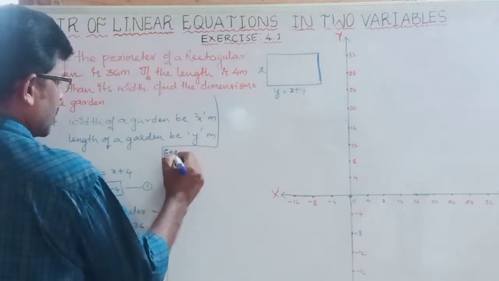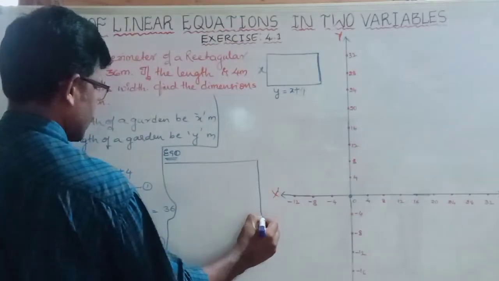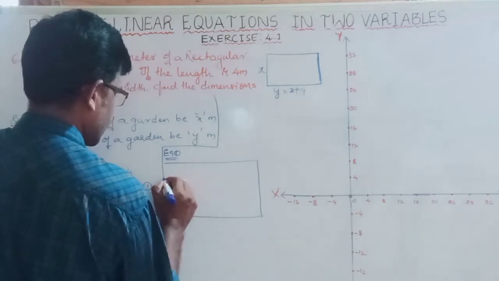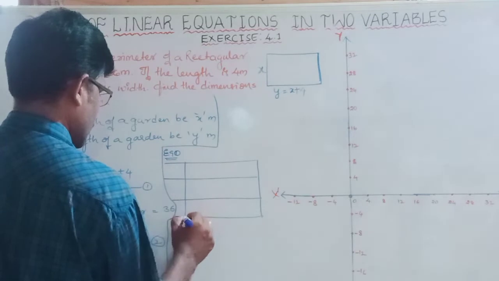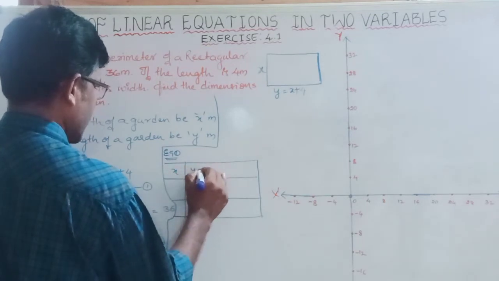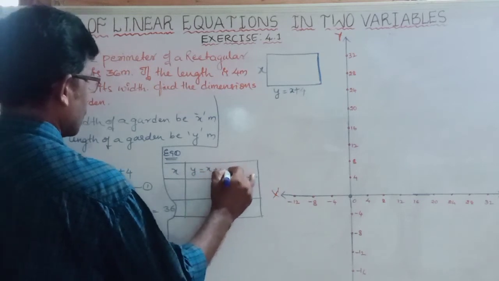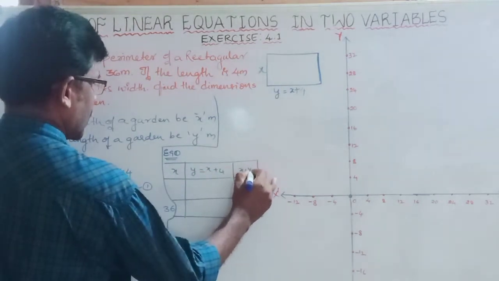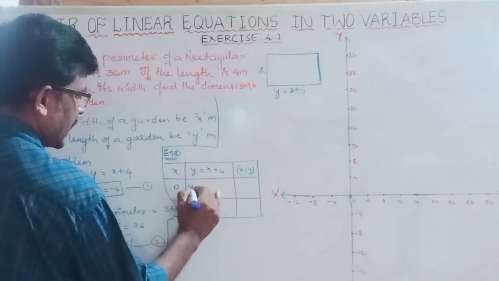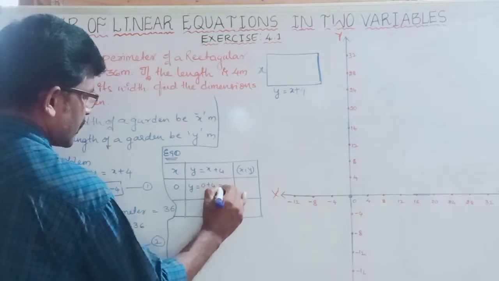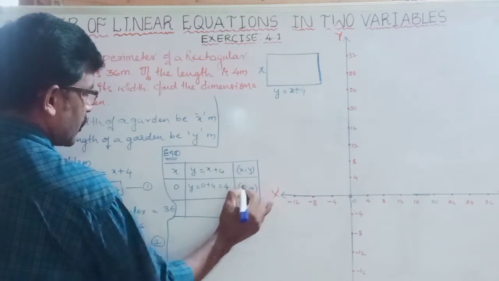Equation 1 implies x, y equals x, x plus 4. If x equals 0, y equals 0 plus 4, which is 4, so 0 comma 4.